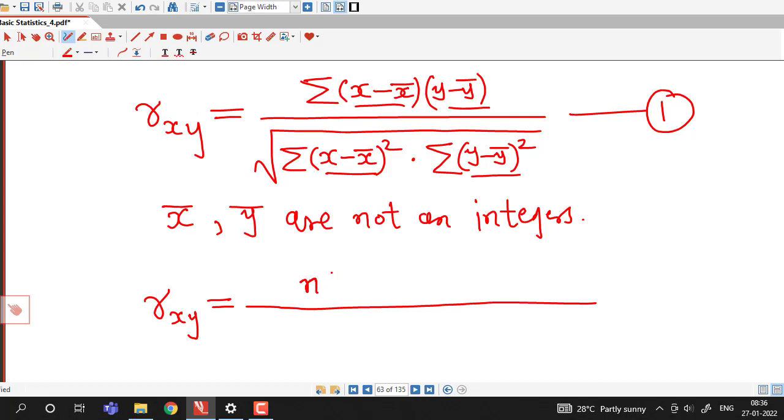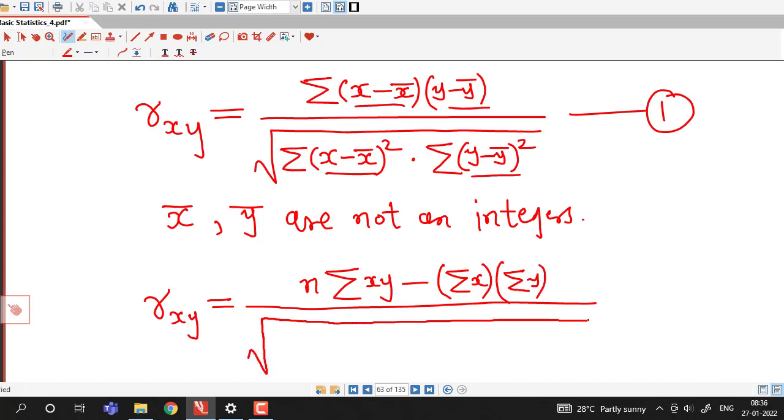That formula is given by n times sigma xy minus sigma x times sigma y, divided by square root of a product of two terms, and we can remember those two terms in this way. In this numerator, suppose I replace y by x.